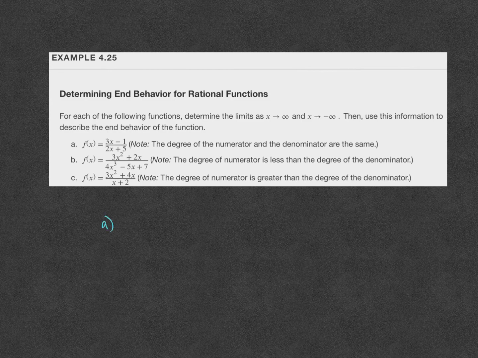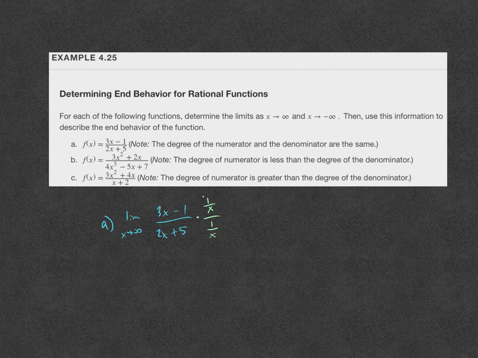So for part A, if my function is 3x minus 1 over 2x plus 5, and I want to take the limit as x approaches positive infinity, the key step in seeing what is going on here is to divide numerator and denominator by x, the largest degree in the numerator.